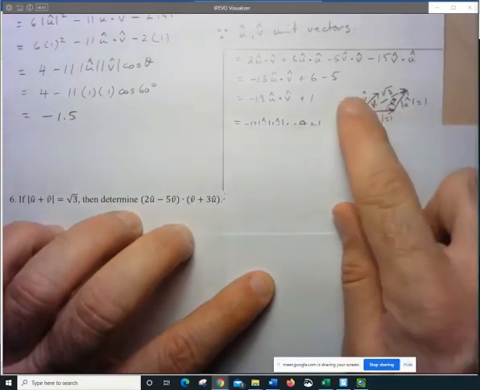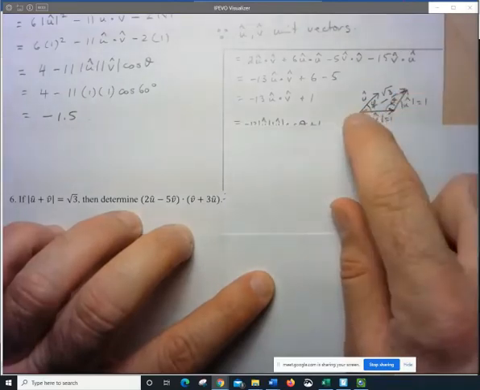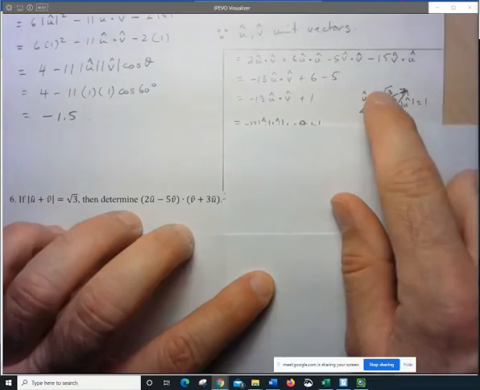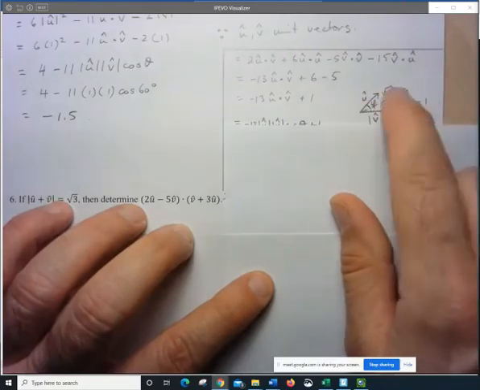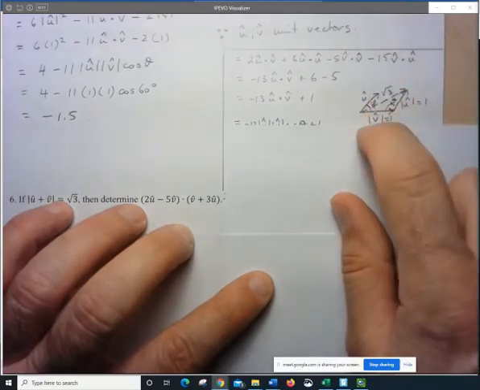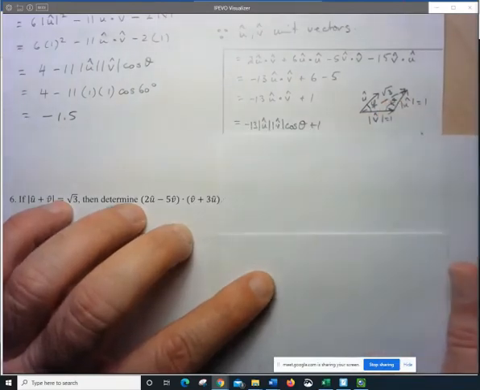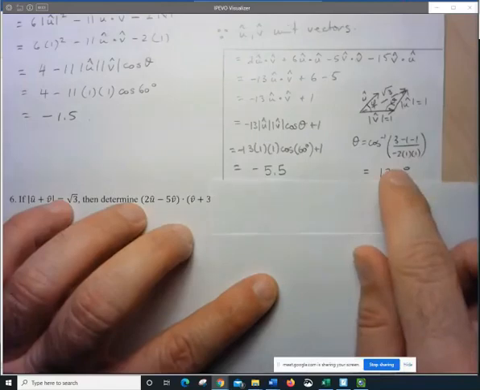They each have a magnitude of 1, and I place them tip to tail so that I can add them together. And what information did they give us? They gave us that the sum has a magnitude of √3. And now all of a sudden I've got a triangle where I know all three sides, and so I can calculate this angle here using the cosine law, okay, which I do here.